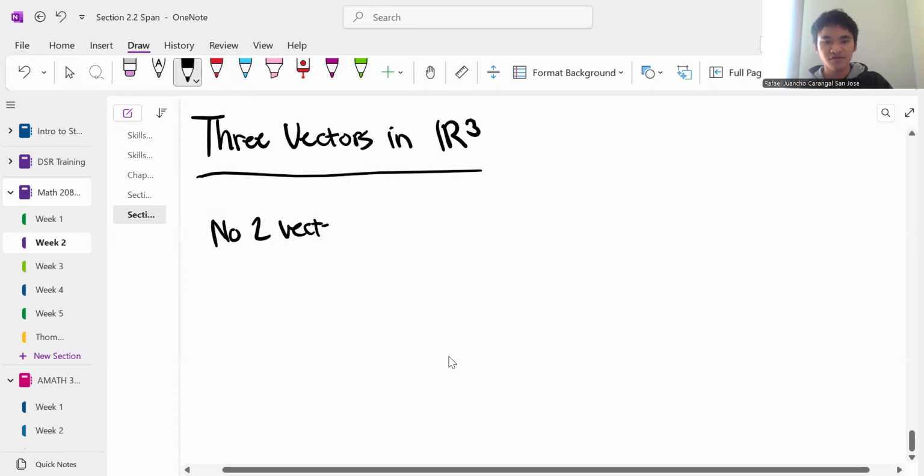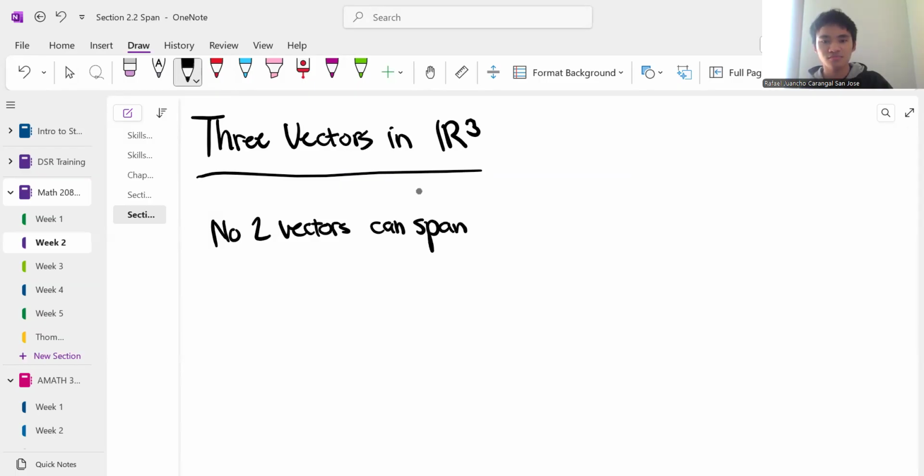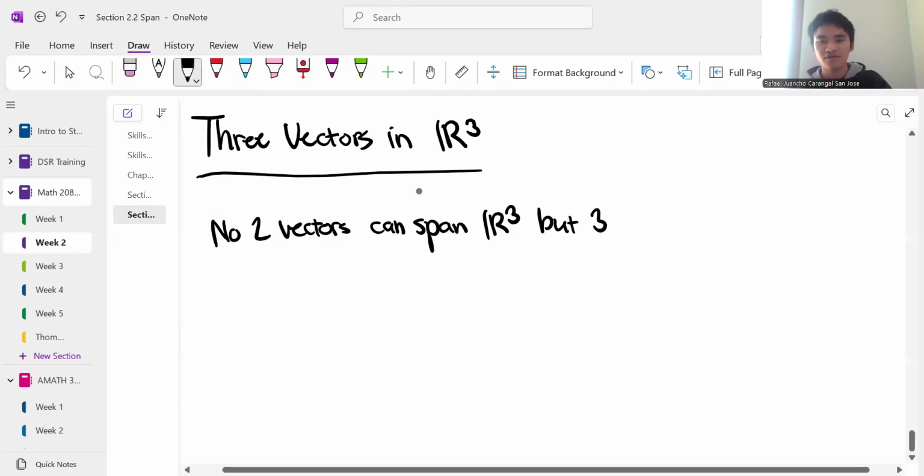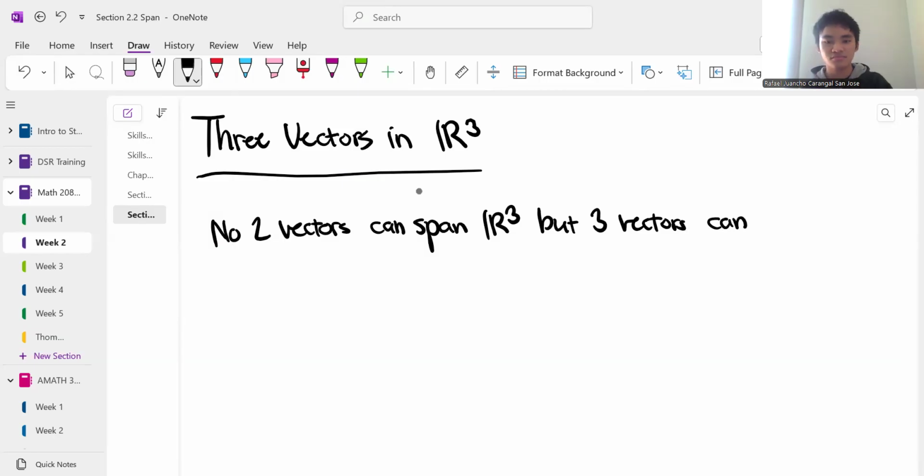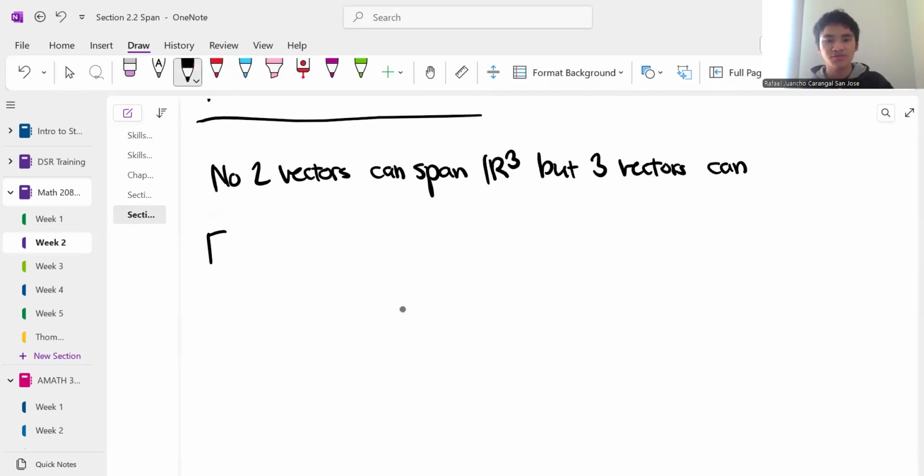If we're given two vectors, we're for sure not going to span all of R3. Right? But three vectors can. Right, let's do an example to start off.